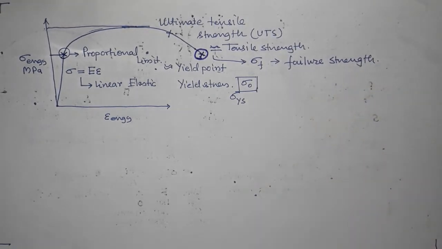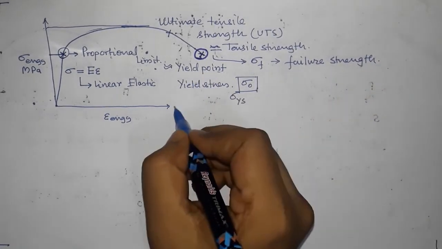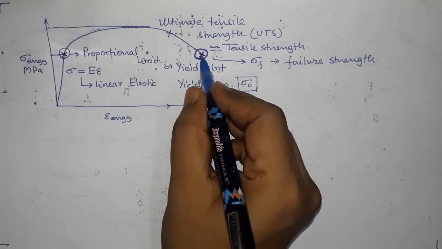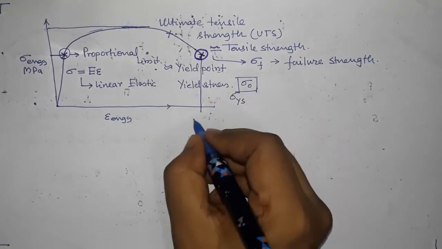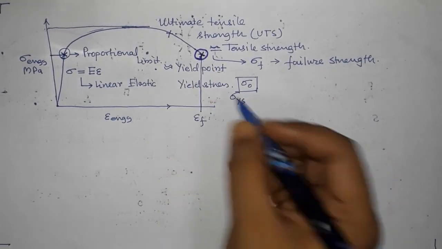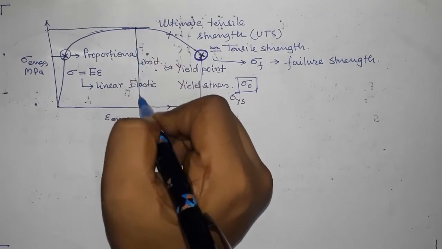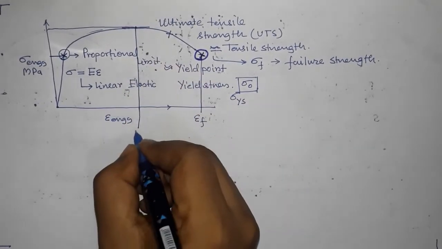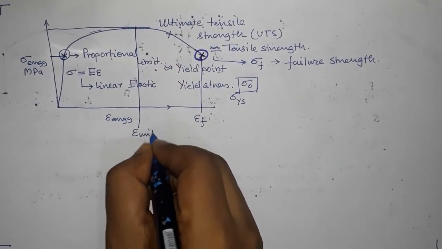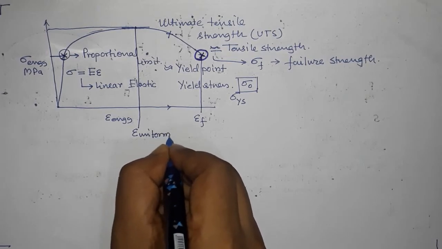Okay, so corresponding to this point, you will have failure strain. Corresponding to this point, you have uniform strain.